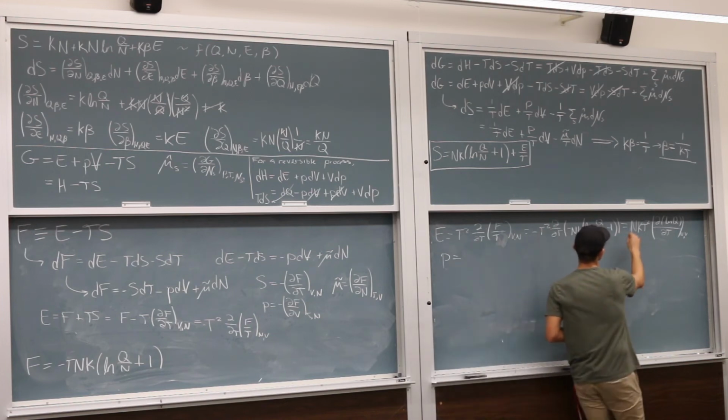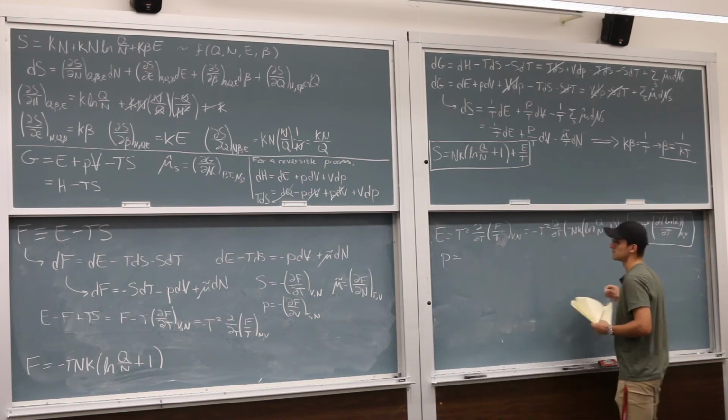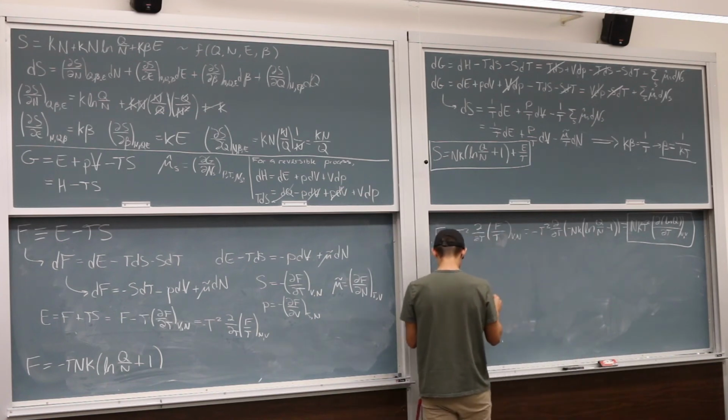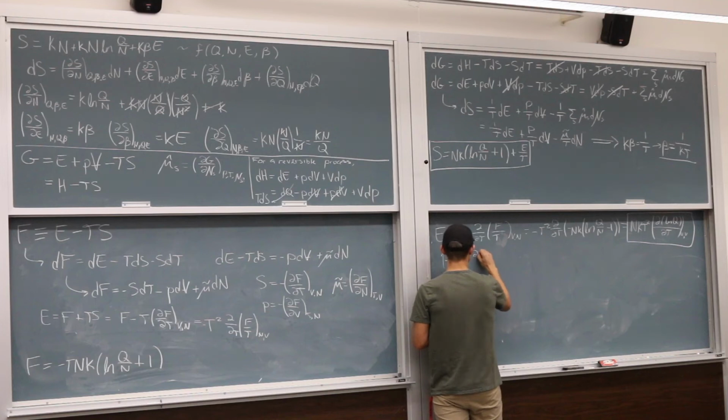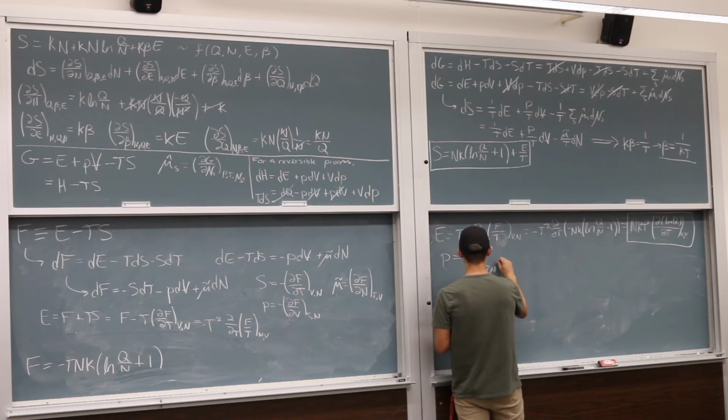And remember this, this is the formula you're going to use. The pressure is equal to minus dF/dV, holding T and N constant.